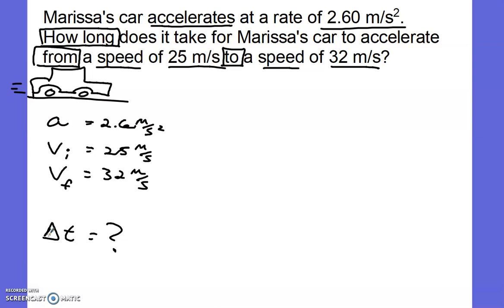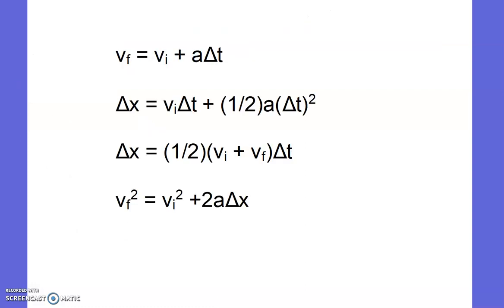What we're going to do is look for an equation that has those four letters in it. So here are my options. One of the imperative things is that it must have the letter T, what we're trying to find. The first three equations have the letter T in them, but the last equation does not have T anywhere in it, so that one is automatically out. Then we go through one by one and see if we have the other letters.